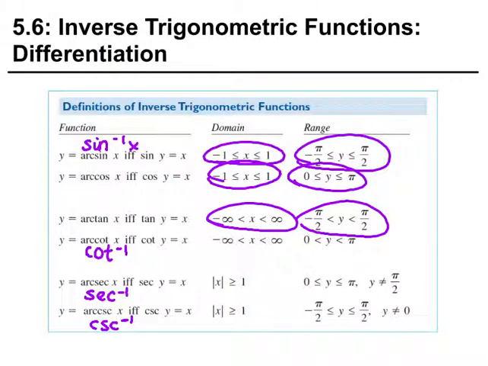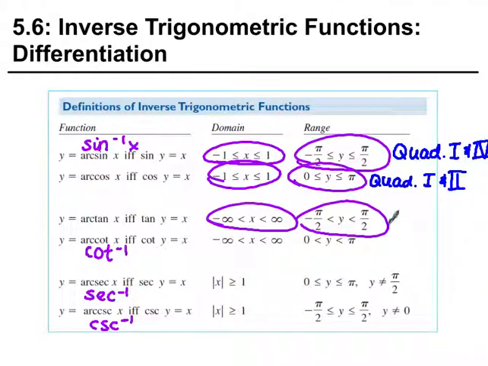Arc sine is -π/2 to +π/2, which is quadrants 1 and 4. 0 to pi is quadrants 1 and 2.